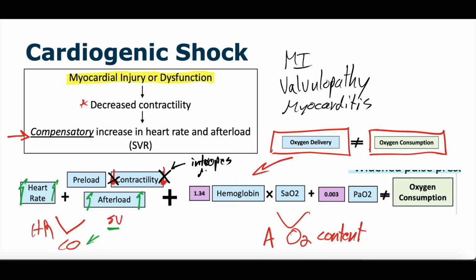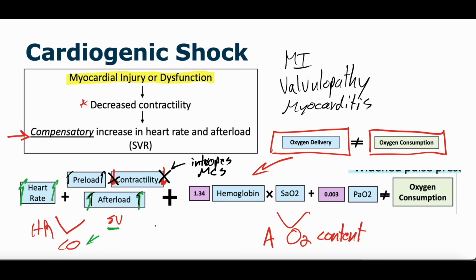You can use mechanical circulatory support, Impellas, balloon pumps, ECMO, all these things to help contractility or take the place of contractility. All right. With the contractility suffering, sometimes we see an increase in preload as well, an increase in afterload. And as we said, even though the body's doing it to compensate, it sometimes can hurt the cardiac output. It can fall off the curve.